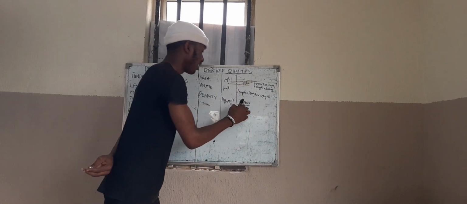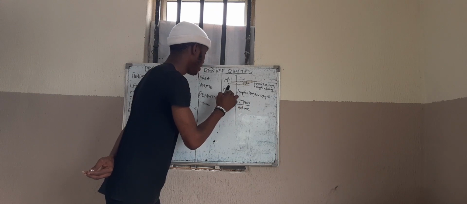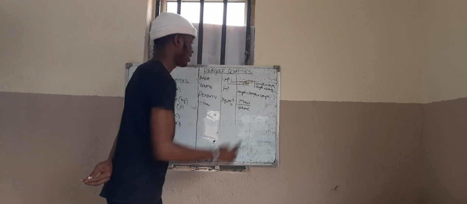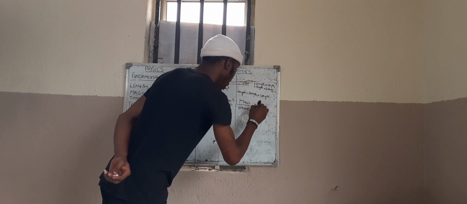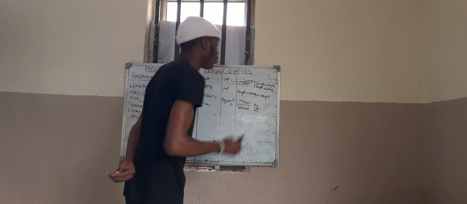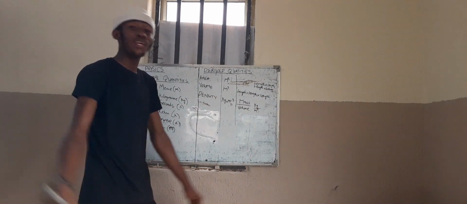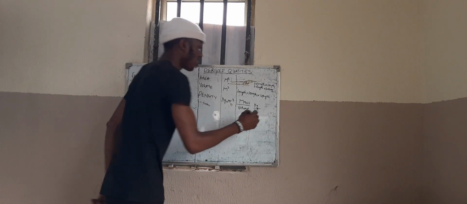Then why does it have a negative sign here? This meter cube is the unit of volume. Kilogram is the unit of mass. But you see, for example, kg divided by m raised to power 3. We need to bring it up here because you can't give the unit like this. But when you bring it up, it changes to a negative.